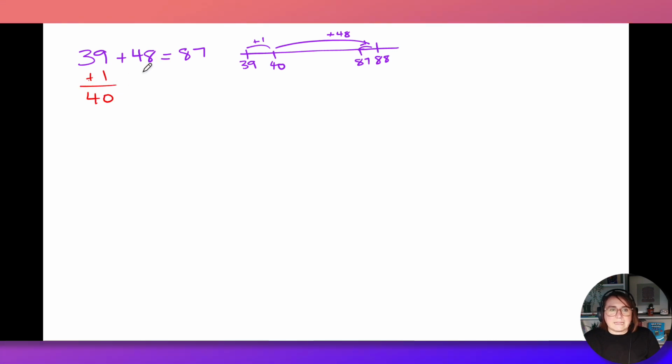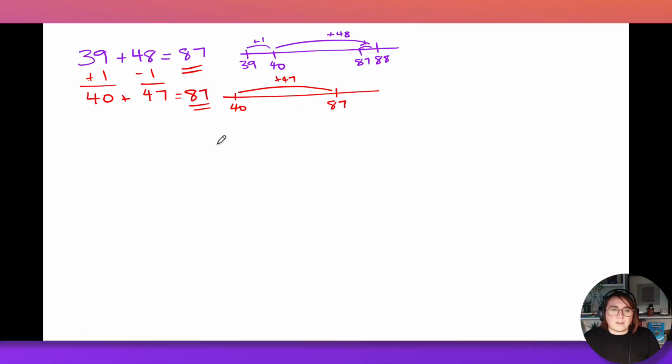And I'm going to take that 1 right away from the 48. So our 48 is going to become 47. Now I have a friendlier equation, 40 plus 47. That's much easier. If I were to represent this, 40 plus 47, we end up with 87.